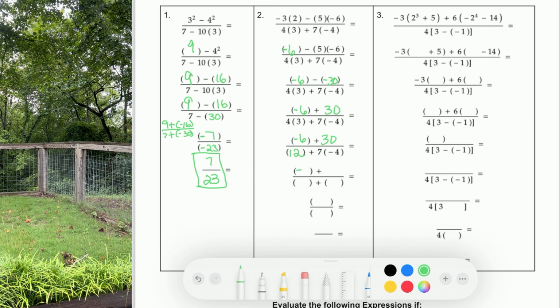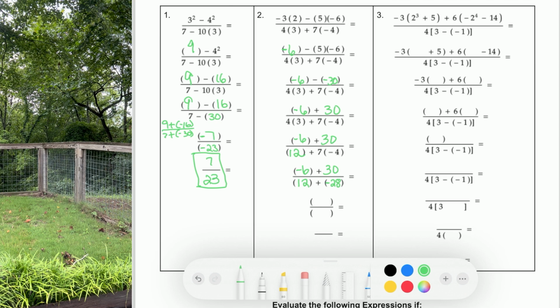That's 12. After that, we need to do the 7 times -4. It's 2 different signs, so I'm going to keep the negative, and that's 28. So -28.